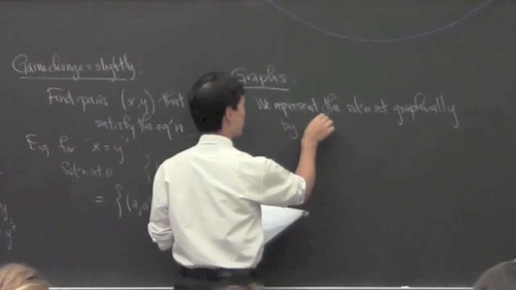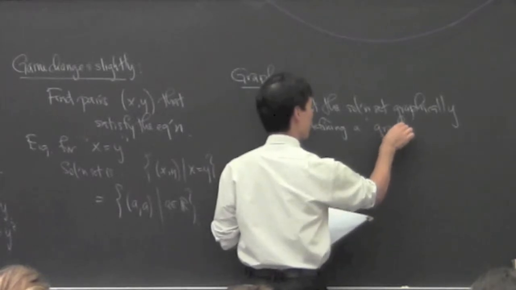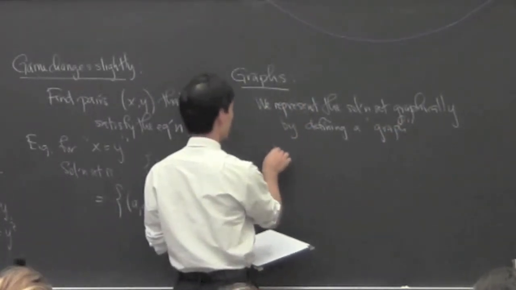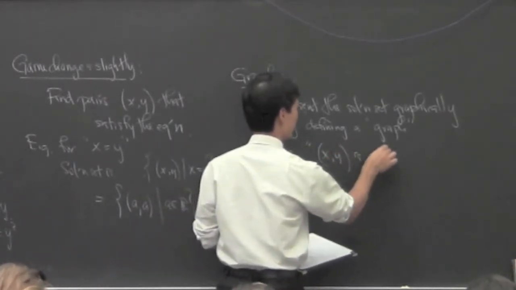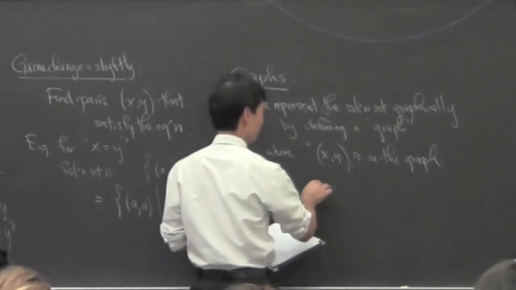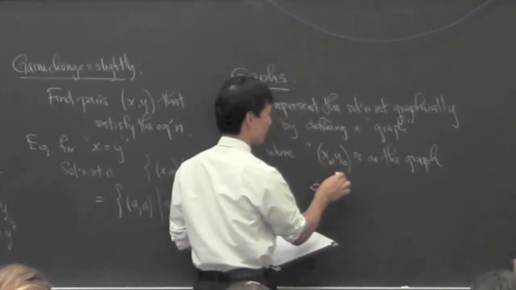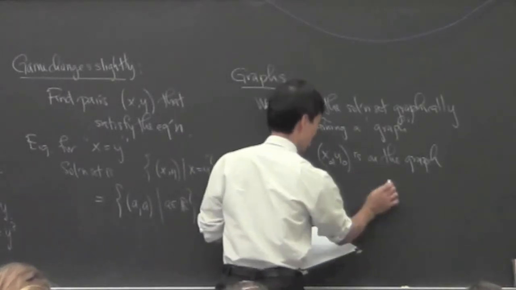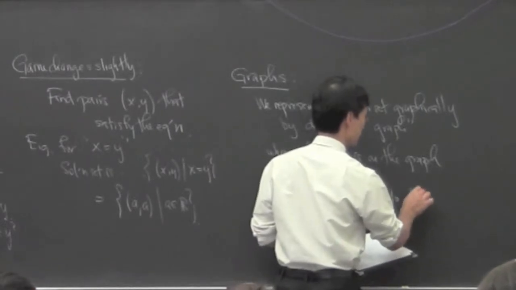By defining a graph. And the graph is, of course, given by some rule where, let me make a fixed point, x naught, y naught is on the graph if and only if the pair x naught, y naught satisfies the equation.